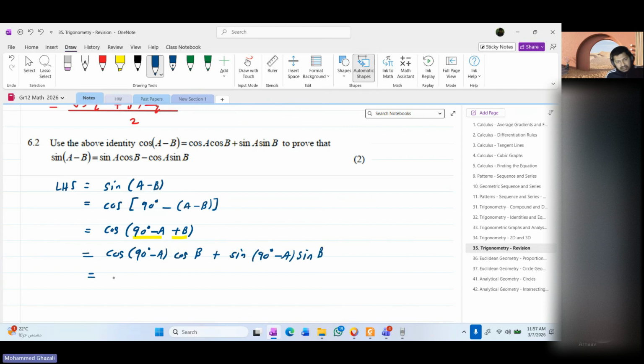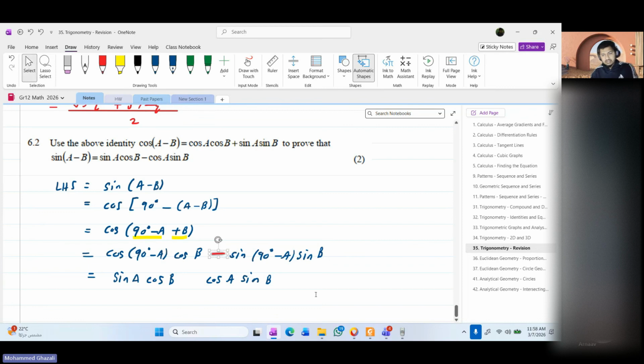So cos of 90 minus A is sine A cos B plus cos A sine B. Supposed to be minus, right? Because this is a plus, so that must be a minus, yes. Whoa, whoa, whoa, you can't use that.